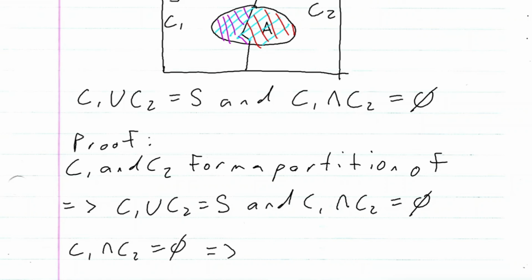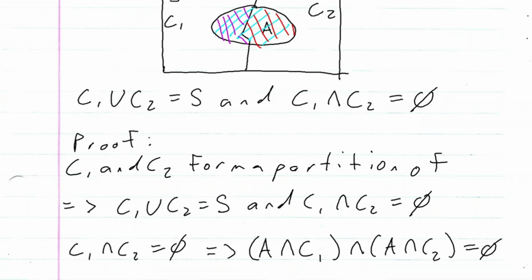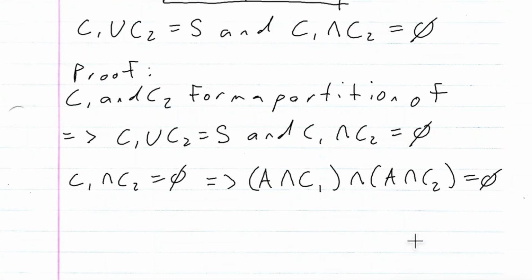This implies that A intersection C sub 1, intersection A intersection C sub 2 is equal to the empty set as well, right? Because A intersection this, intersection A intersection that would equal the empty set as well.